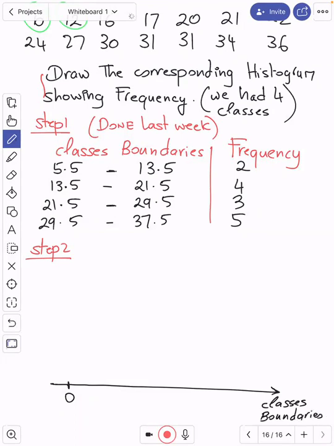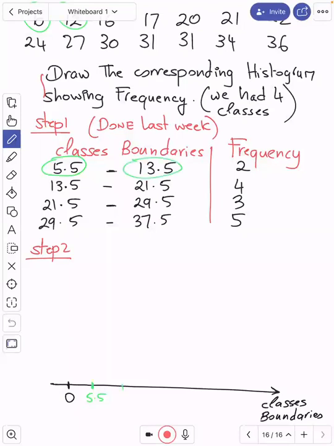Now, the first lower boundary is 5.5, right? So I'm going to put 5.5 on my horizontal axis. Here's my 5.5. Next value is 13.5.